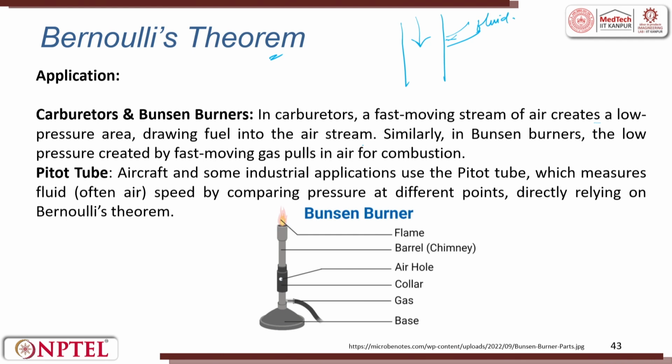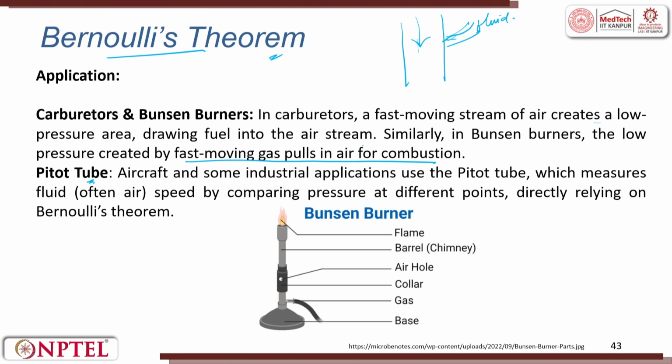Now somehow the fluid has to be sucked inside the air. So there we use Bernoulli's theorem. A fast moving stream of air creates a low pressure area. Because it is a low pressure area, the fluid gets sucked inside the stream. Similarly, in the Bunsen burner, the low pressure created by the fast moving gas pulls in air for combustion.